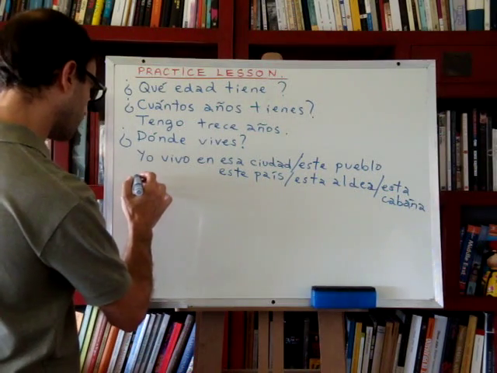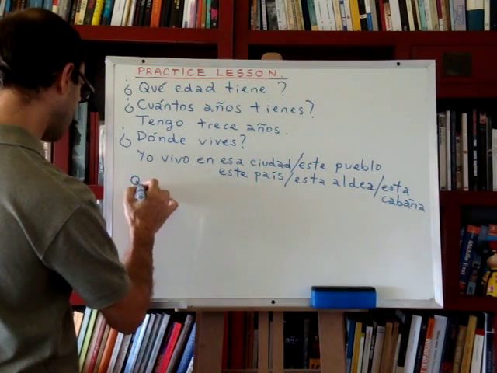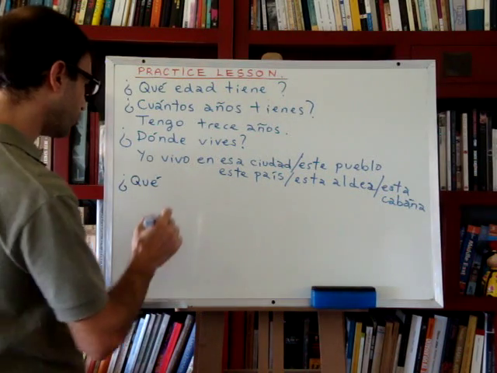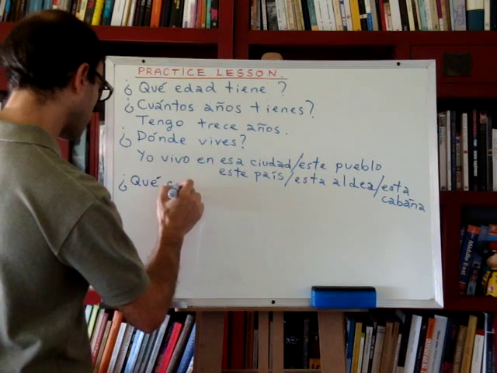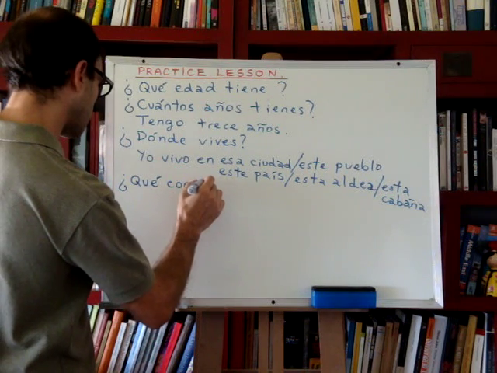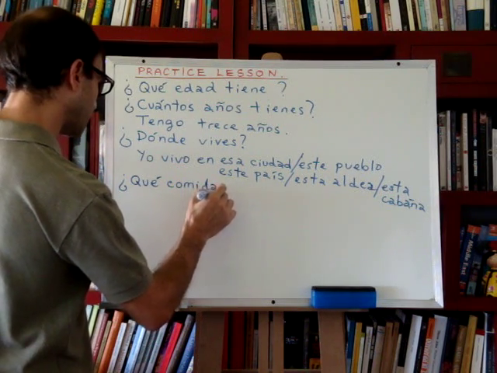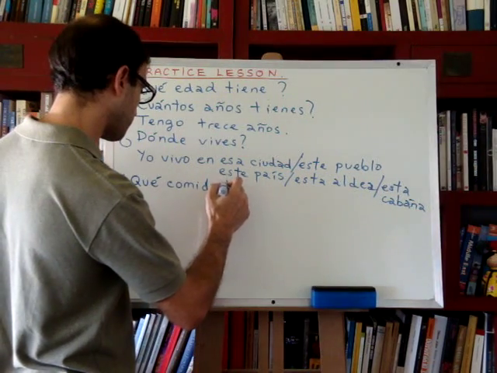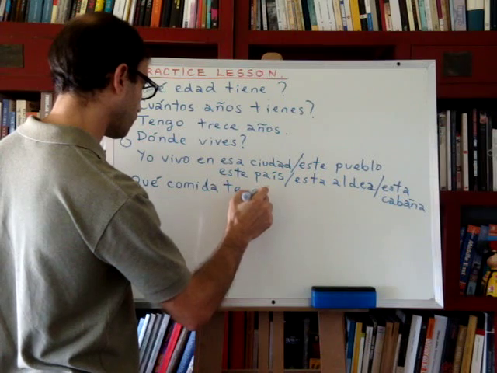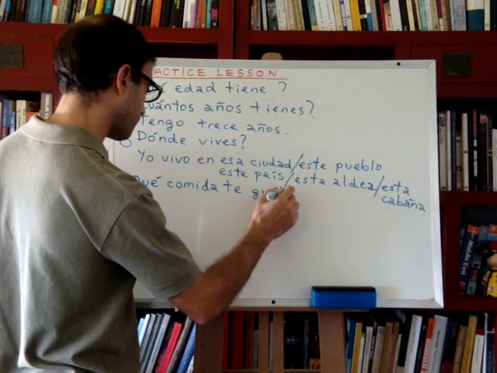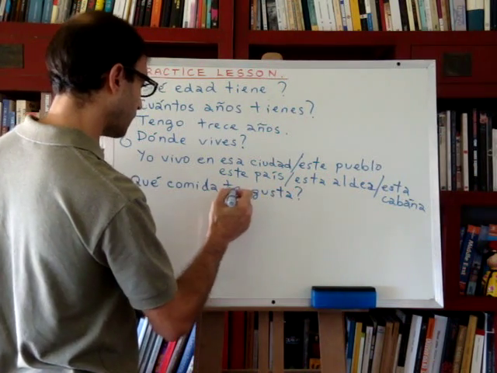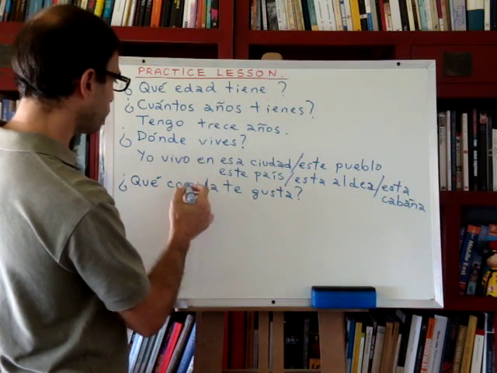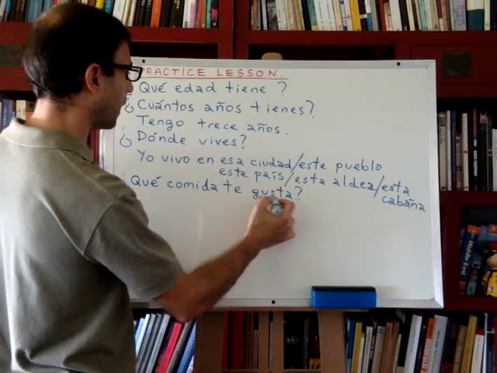So, what food do you like? The word for what in Spanish is qué, okay? The word for food is comida. ¿Qué comida te gusta? Do you like, okay? Te gusta. Te means to you, right? What food do you like, okay?